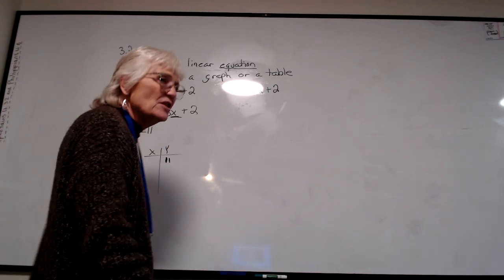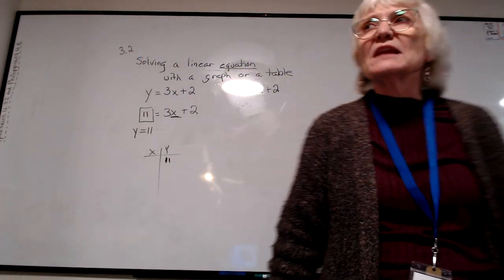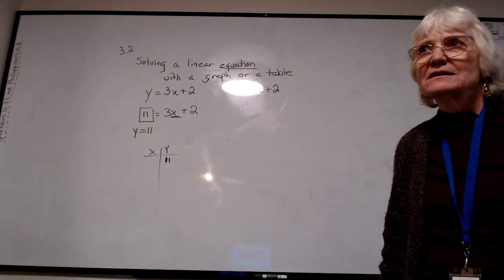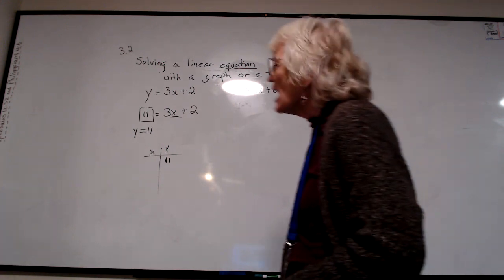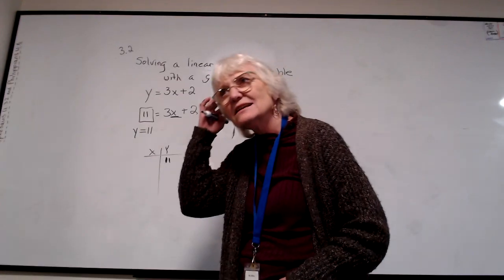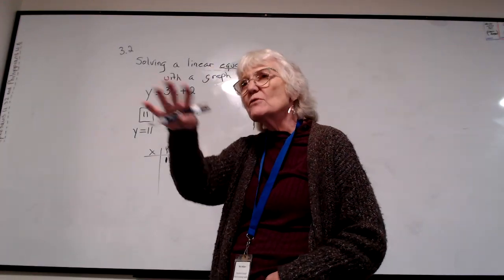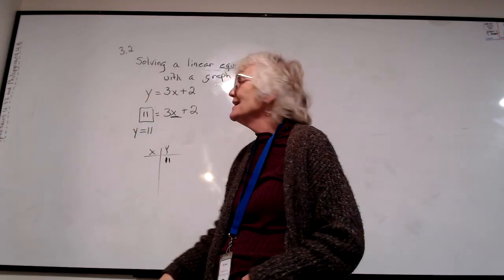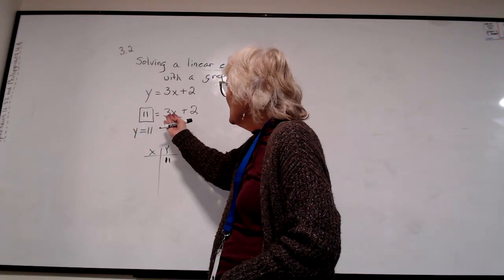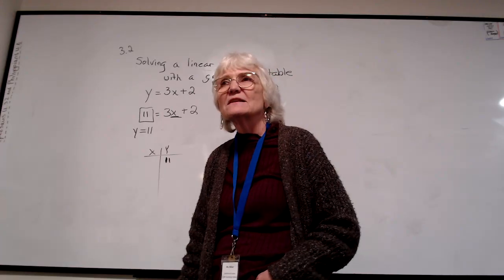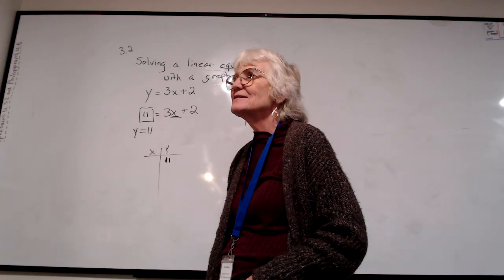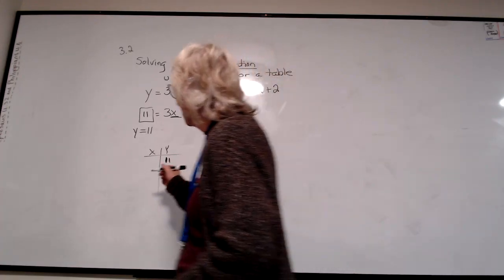Now you can do this by trial and error. I can kind of look at this and see, or you can divide. Yeah, we can, but we're not going to do that right now. Can anybody guess what x would be to make that true? Yes, 3, because let's check it.